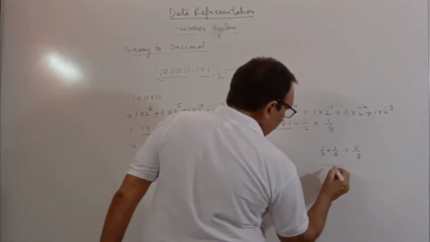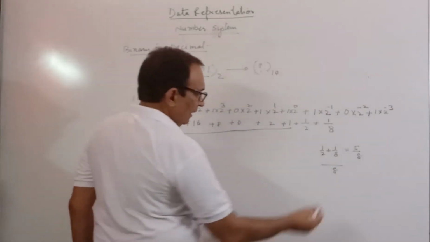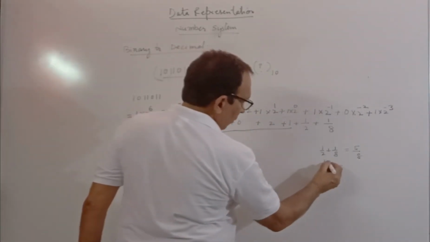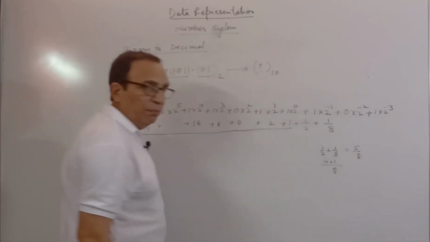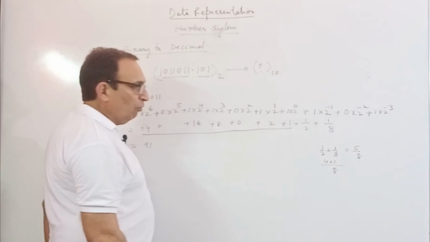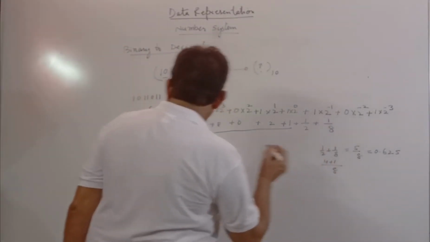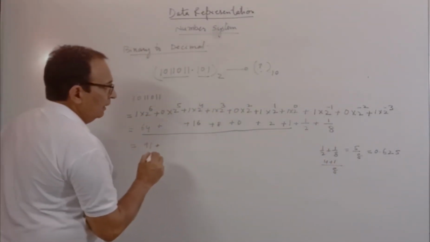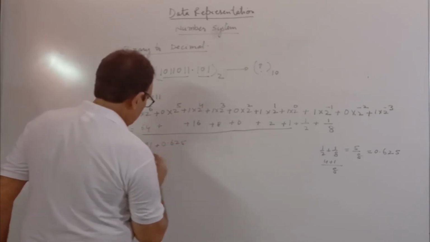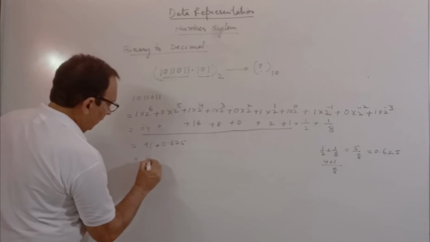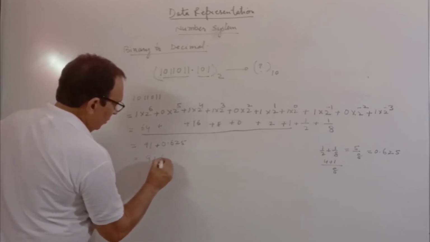If you are facing any problem, take LCM 8, divide by 2, that is 4, and divide by 8, this is 1. So that comes to be 5 over 8. Calculate 5 over 8, altogether it is coming 0.625. Add together it comes 91.625.